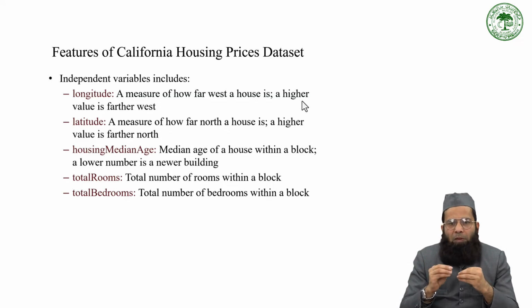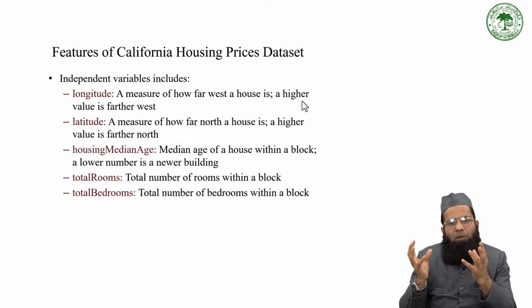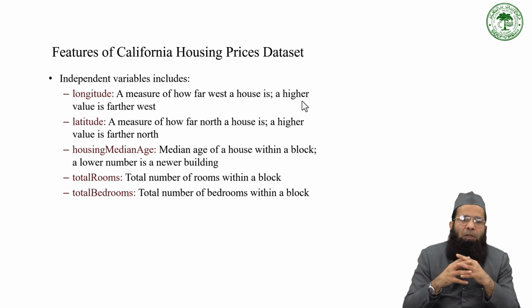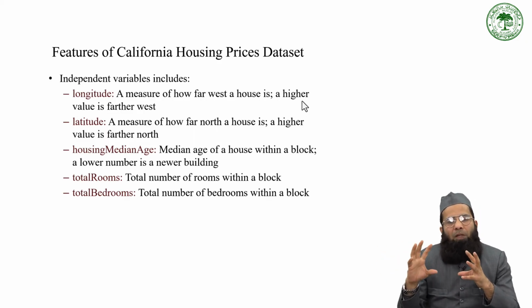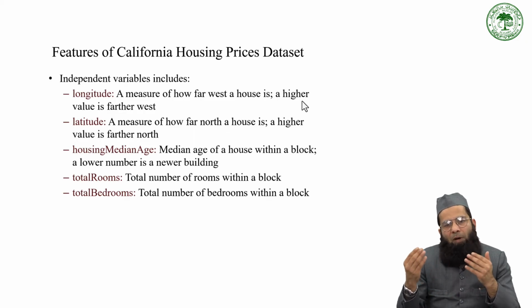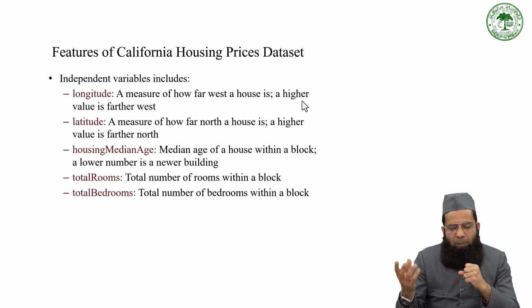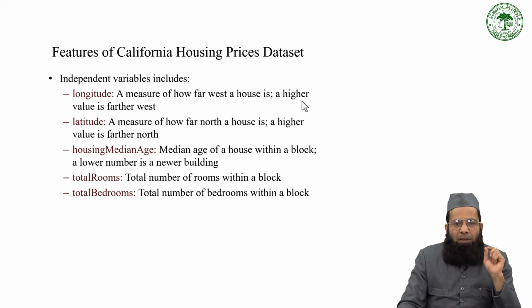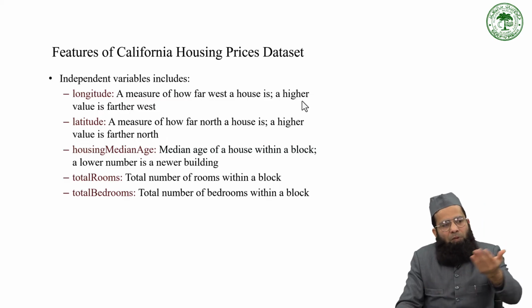Total rooms within a block. Suppose the whole California housing dataset has been divided into different blocks. So total rooms is the total number of rooms within a block, and total bedrooms is the total number of bedrooms within a block. It gives the value for a particular block. Suppose a society has been divided into several blocks.